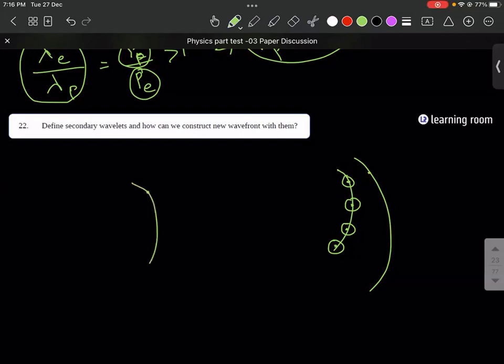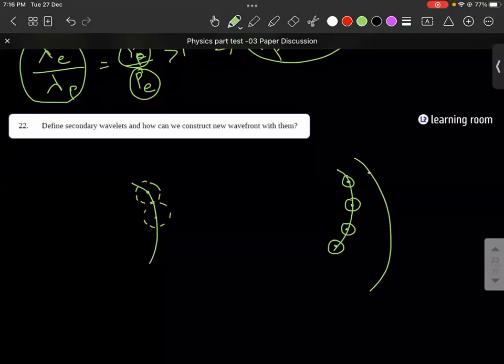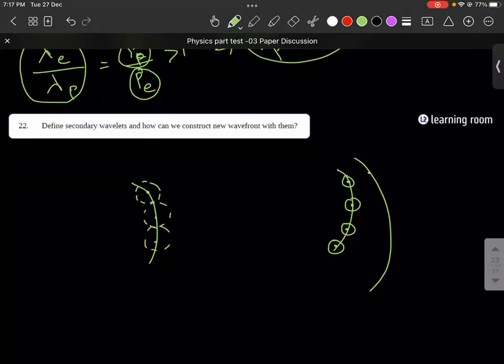So if you take a point on the wavefront and draw a new wavefront, what are these wavefronts called? They are called the secondary wavelets, right? So having this concept in mind, how will you define it?